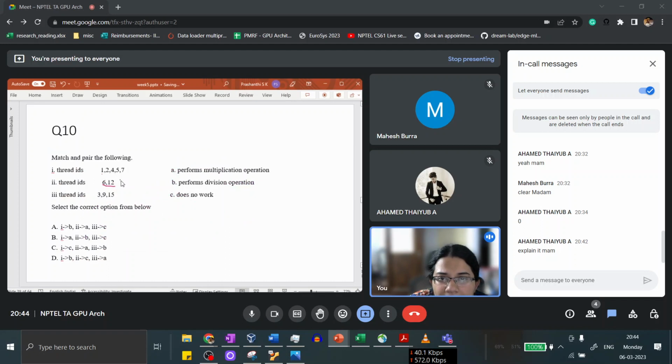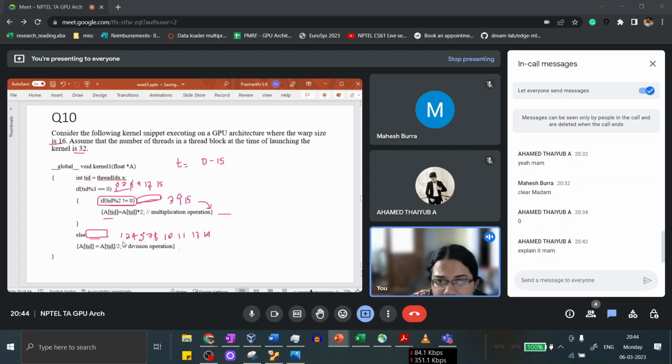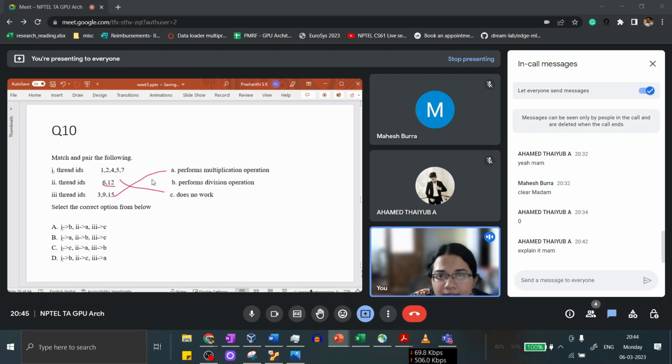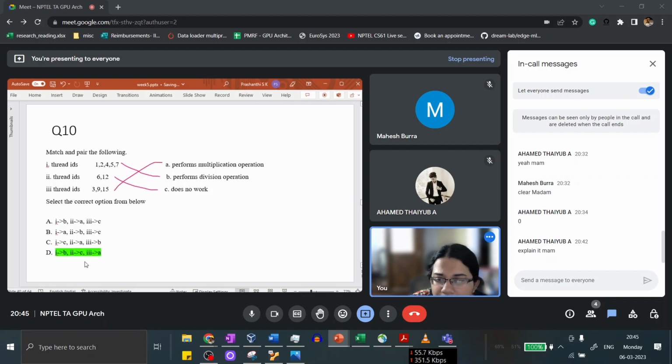So 6 and 12 do no work, whereas 3, 9 and 15, which are multiples of 3 but not multiples of 2, perform the multiplication operation. And 1, 2, 4, 5, 7 are all from this else part, which do the division operation. So 1 goes to B, which is 2 options, but 2 goes to C, which makes it option D.